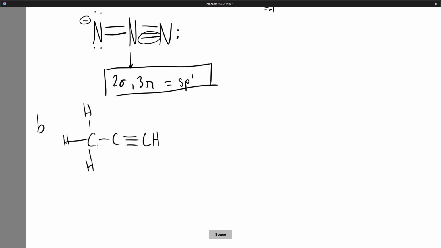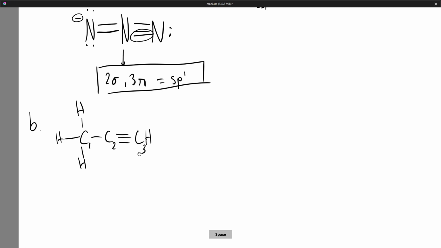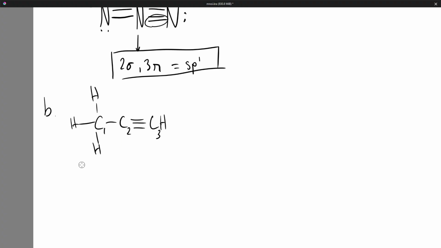Okay, so now we have 3 central atoms right here. So let's try to find the hybrid orbitals and bond types around this first one. So C1, there's 1, 2, 3, 4 sigma bonds. Which means this is sp3. Okay, so that's good.